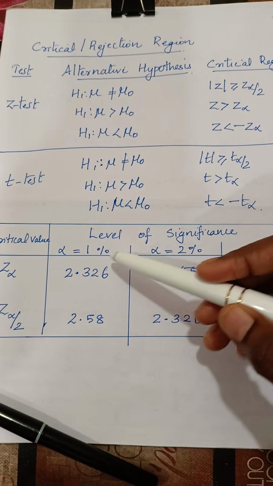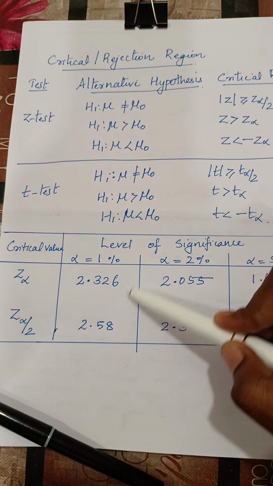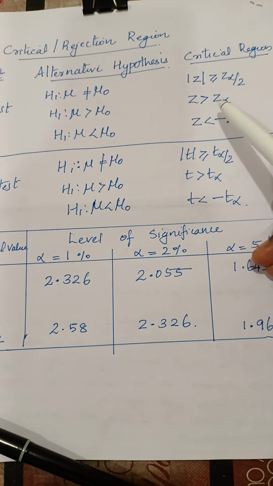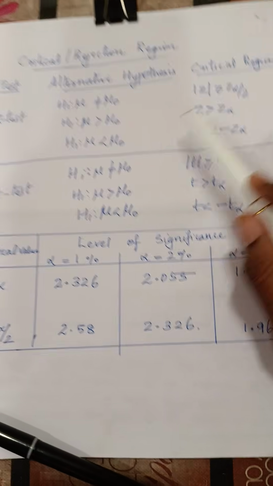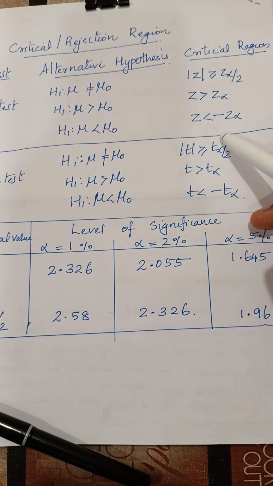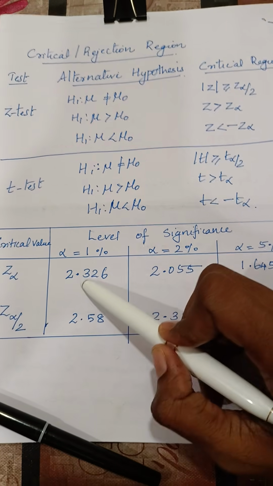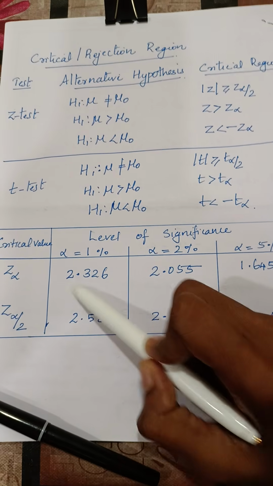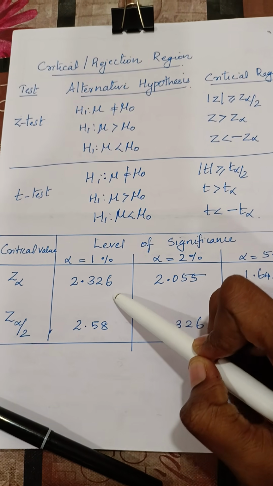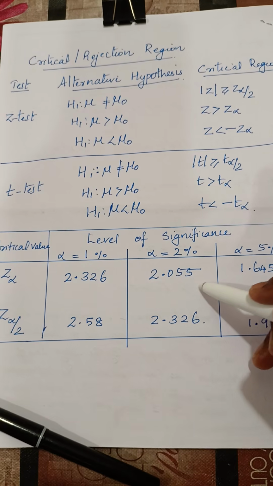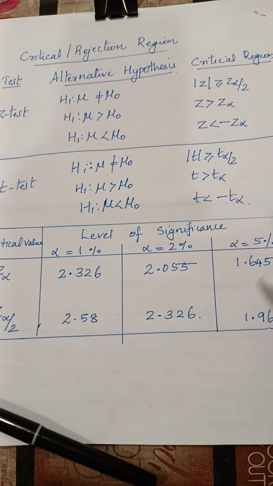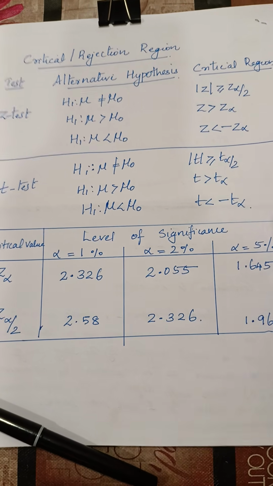That is, when your level of significance is 1%, then if you are conducting a one tail test, that is if your alternative hypothesis is one of these two and your critical region is Z greater than Z alpha or Z less than minus Z alpha, then this will be your Z alpha value for 1% level of significance. And if you are given 2%, then this will be the value of Z alpha, and if you are given 5%, this will be your Z alpha.